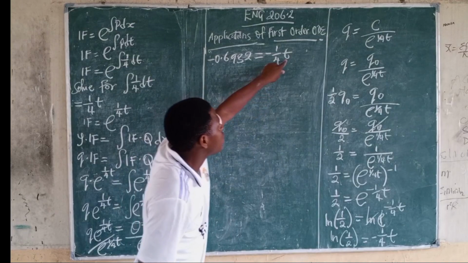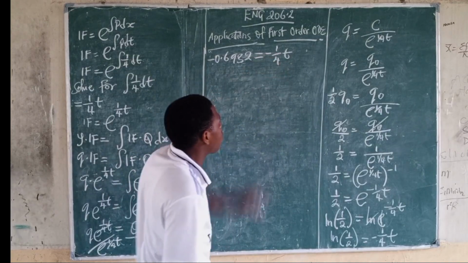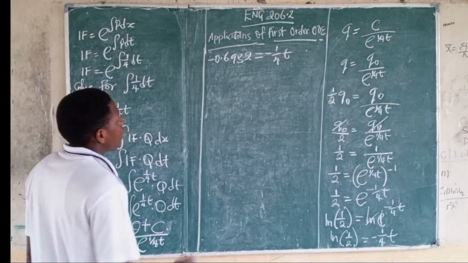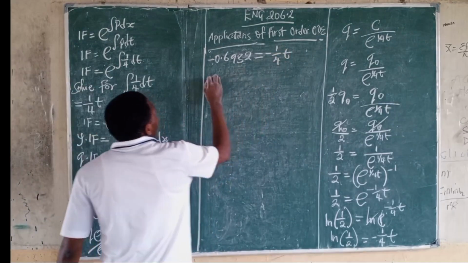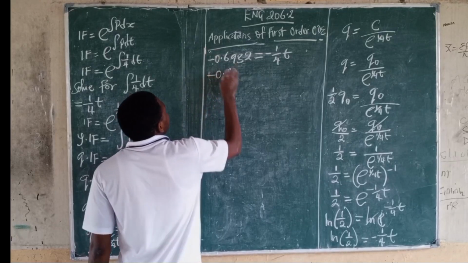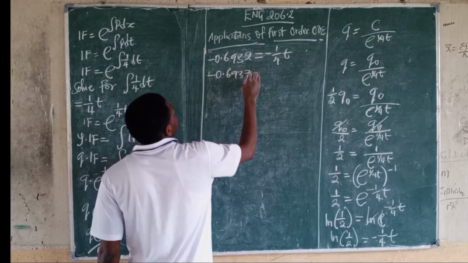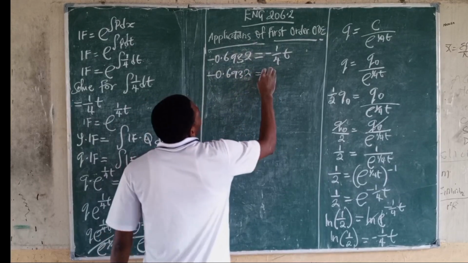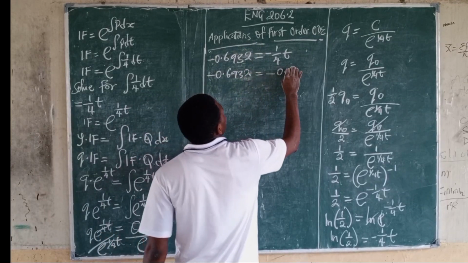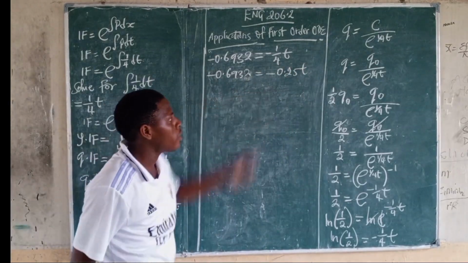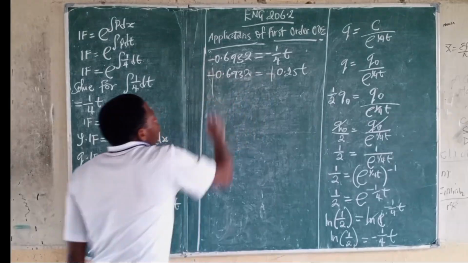Our interest is to get t. So now punch 1 over 4 in your calculator. You have 0.25. So you have minus 0.6932 equal to minus 0.25t. We are having minus here, so this minus can remove this minus.